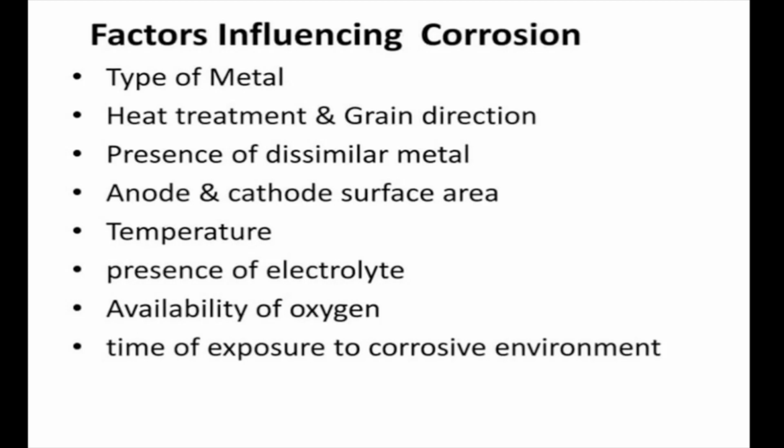For example, type of metal, heat treatment and grain direction, presence of dissimilar metal, anode and cathode surface area, temperature, presence of electrolyte, availability of oxygen, and time of exposure to a corrosive environment. These are the very basic influencing factors for corrosion.